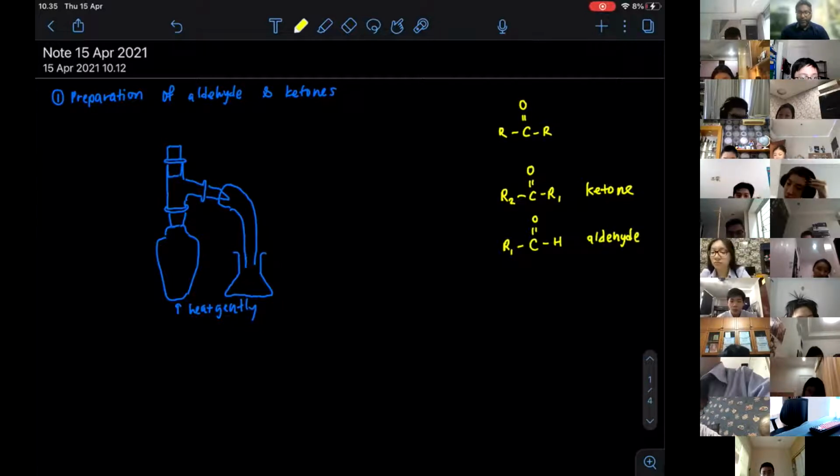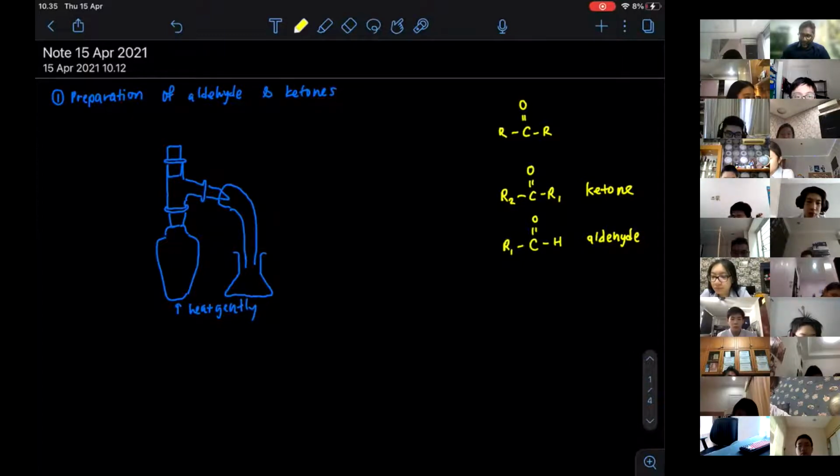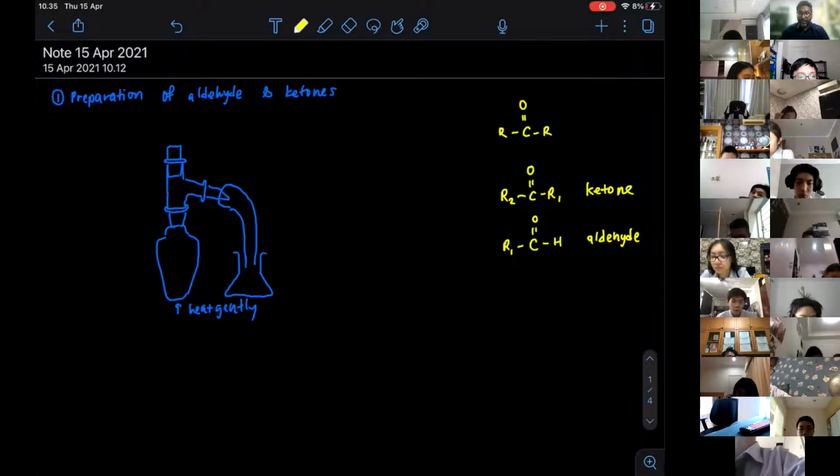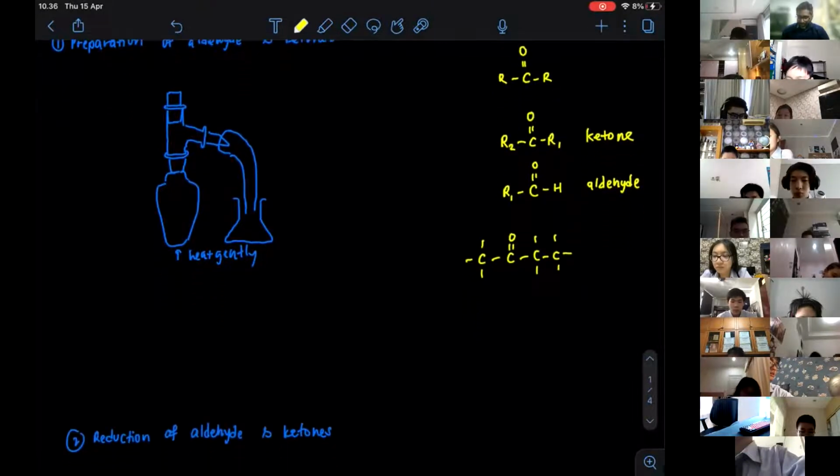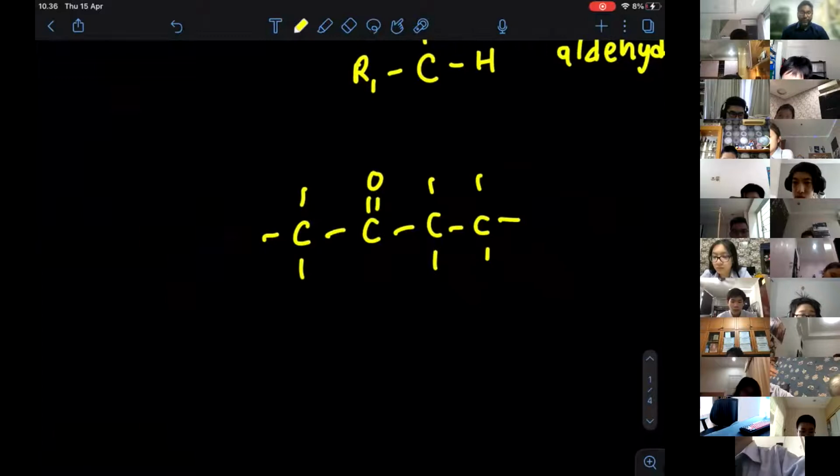So we are going to learn about carbonyl compounds. Carbonyl compounds are divided into ketones and aldehydes. Let's look at how you can write them down in terms of structural formula. For example, if I want to write down CH3, C double bond O, and then C like this, how do I write it in terms of structural formula?